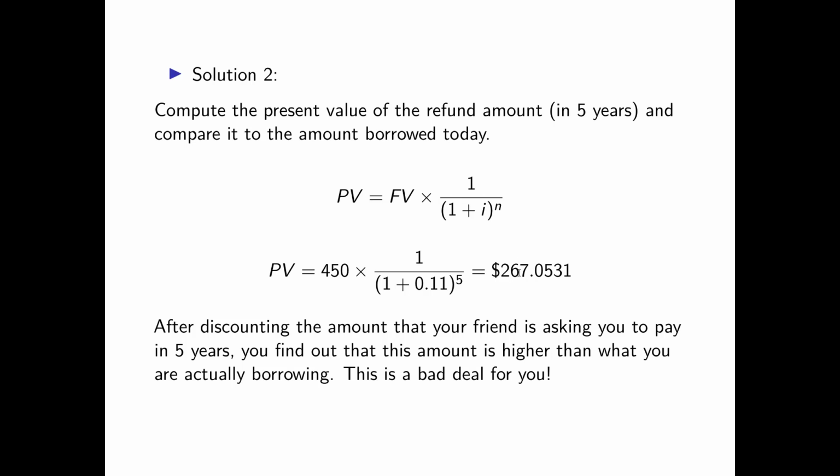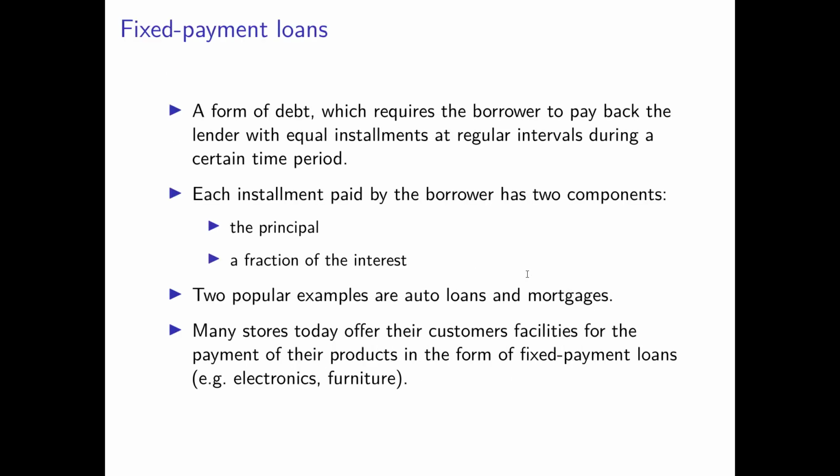So basically, this is another way to show that this deal is good for your friend and not for you, because you would only be paying back $450 in 5 years if you were borrowing $267 and not $250. So that's a bad deal for you once again.